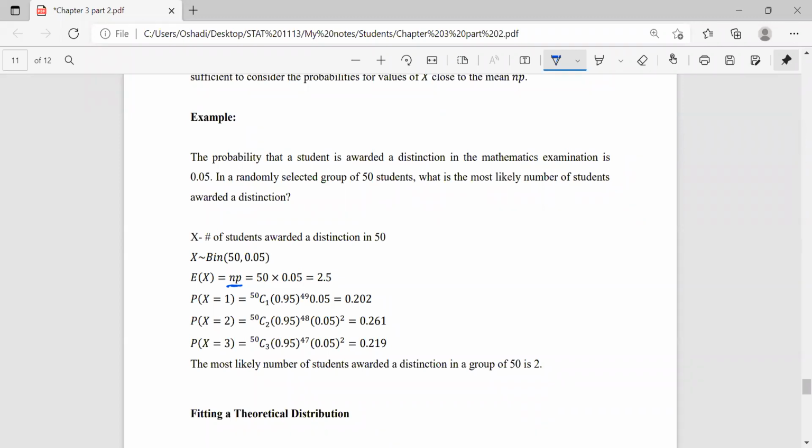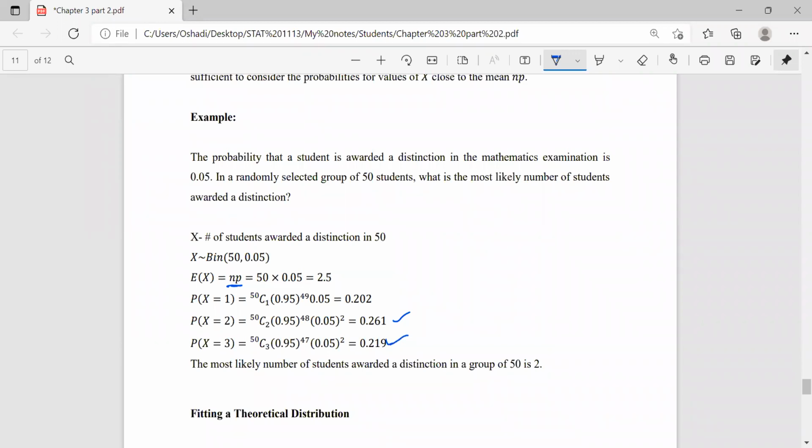And the probability of 2 students awarded a distinction in 50 could be found as 0.261. And the probability of the number of students awarded a distinction being 3 is 0.219.